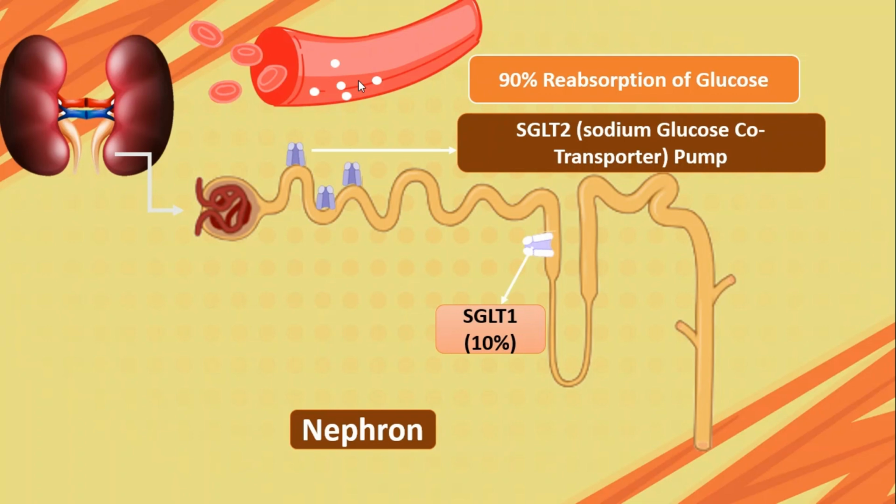Thus, blood glucose reabsorption from the kidney is taking place largely through SGLT2 pumps.